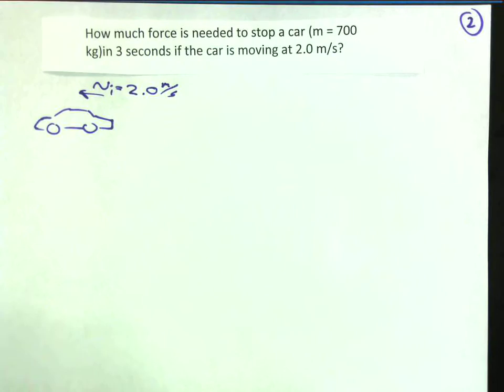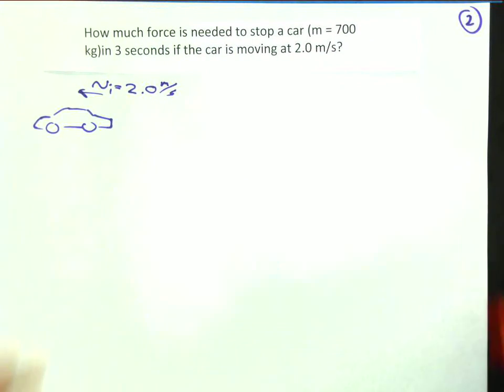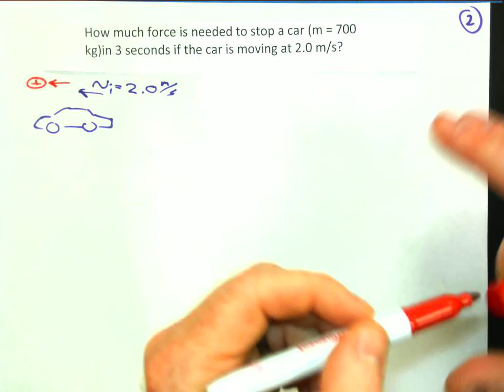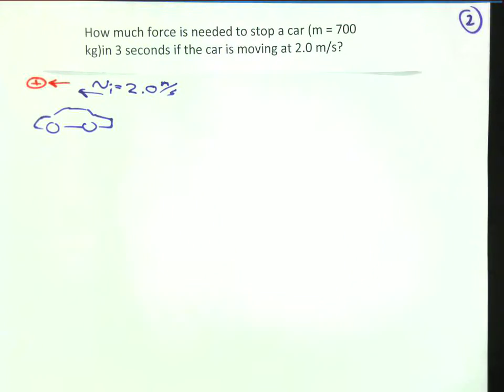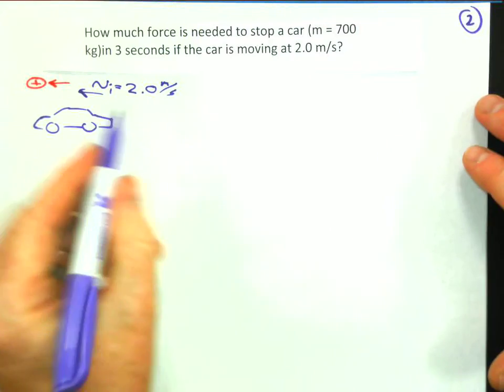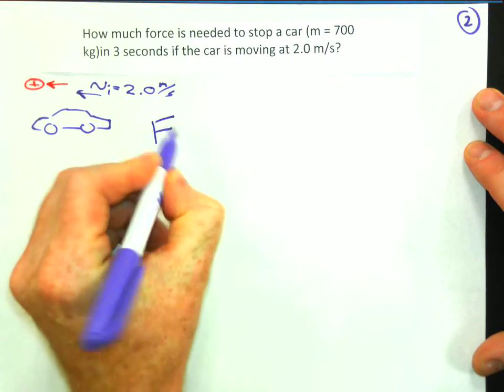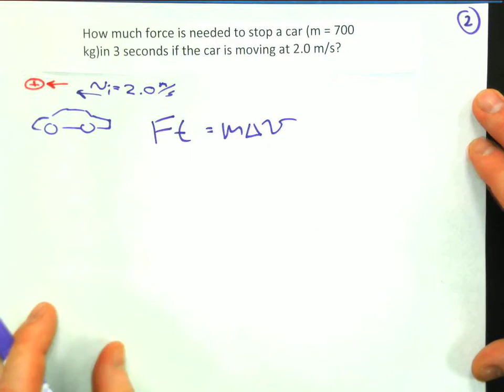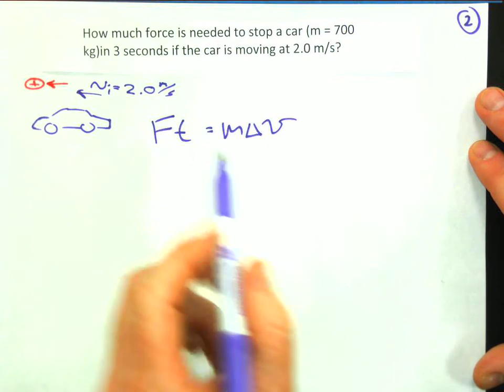As soon as I draw this, there's something else you know. The coordinate system is now positive to the left. So keep that in mind. Same setup, same equation. You want to stop this car, and you want to do this in 3 seconds.